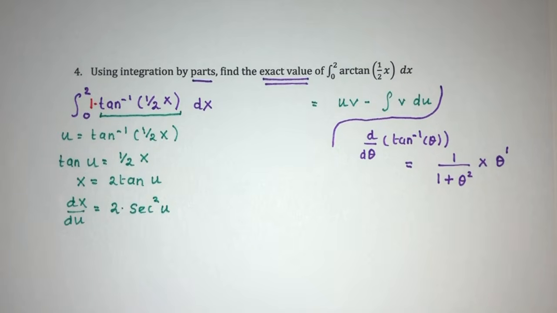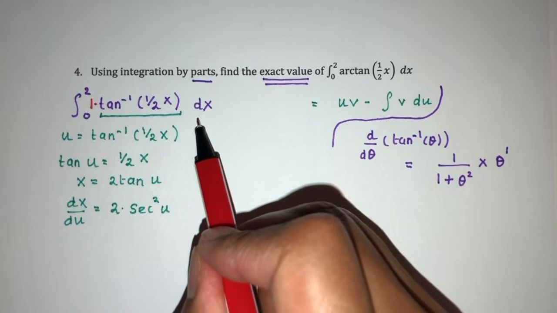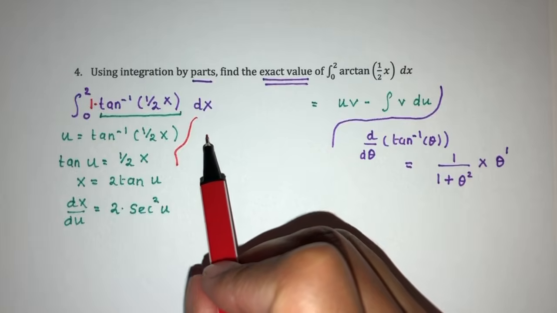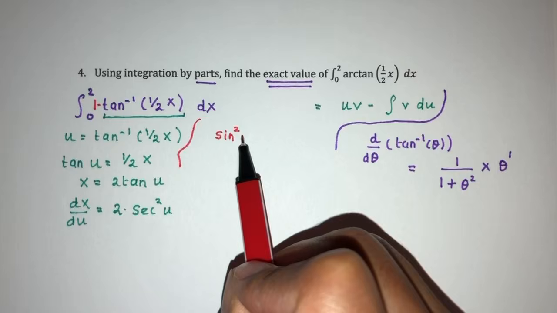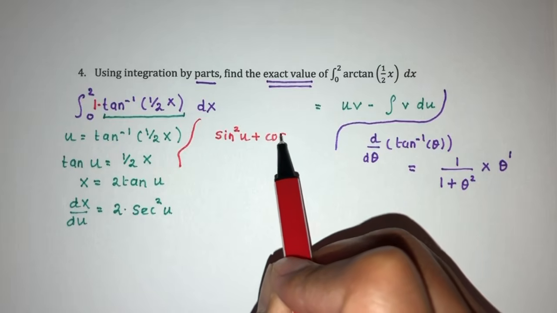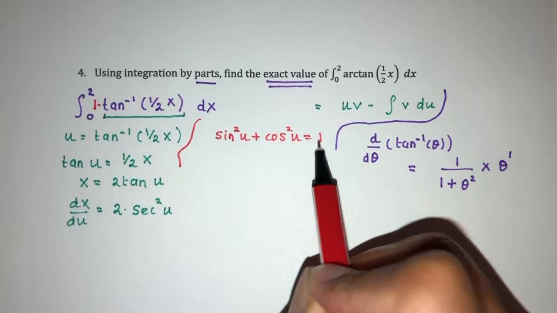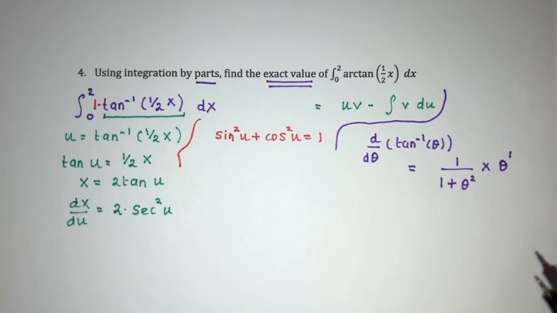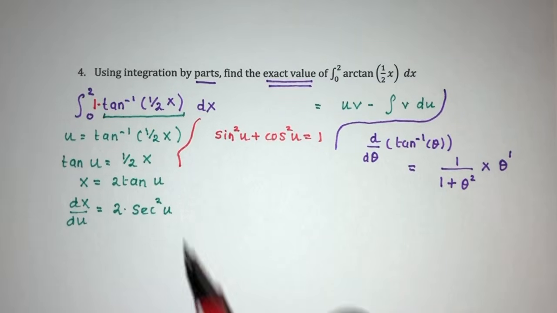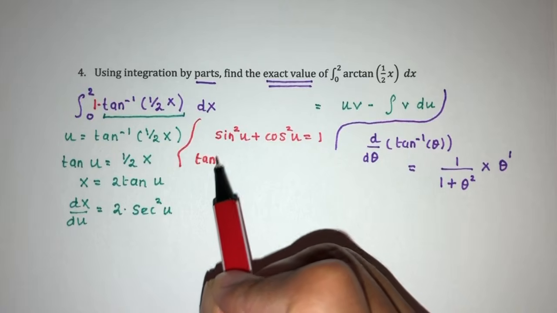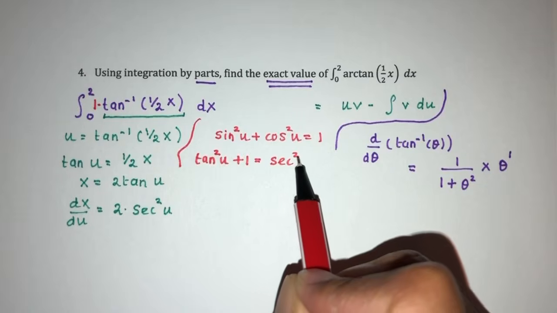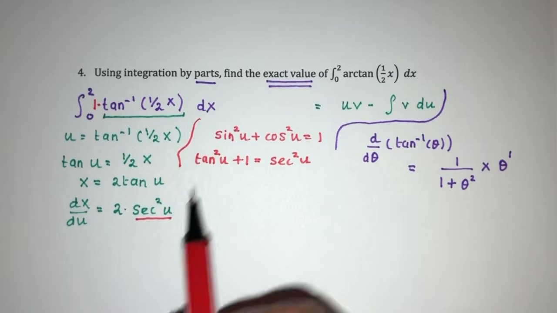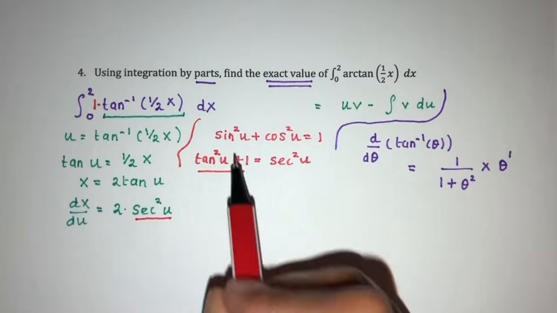Now something to understand is that we can use the formula that we have in our list. We know first sine squared u plus cos squared u has to be 1. But from this we can derive another one. If you divide by cos squared everywhere, you will have tan squared u plus 1 equal to sec squared u. Now we can replace sec squared u by this.